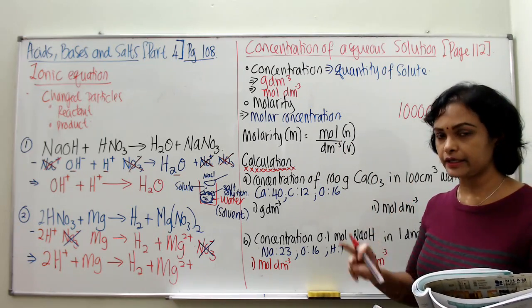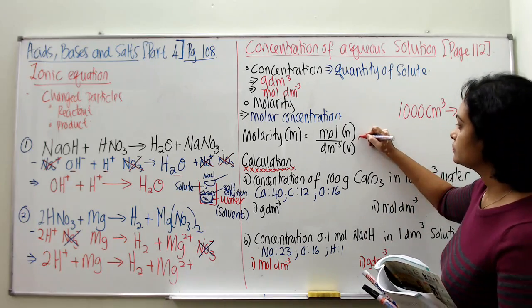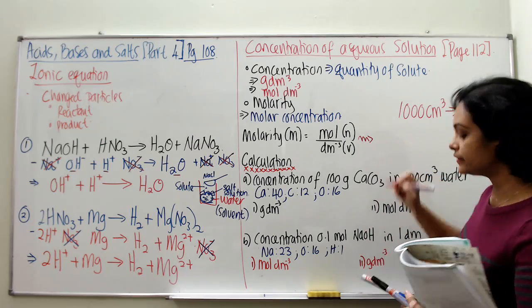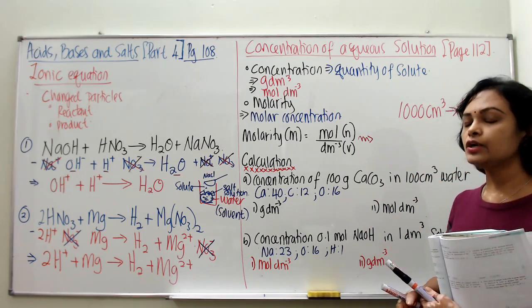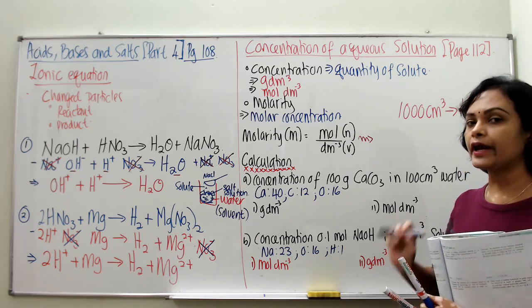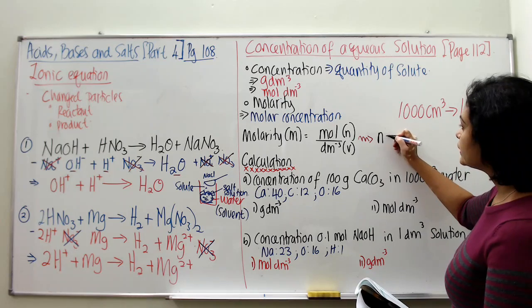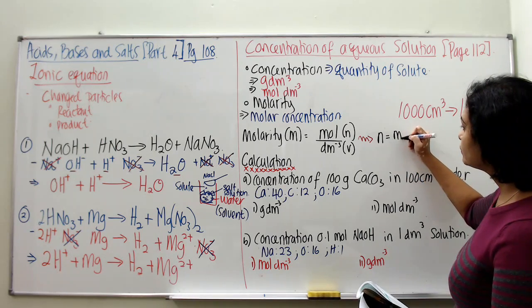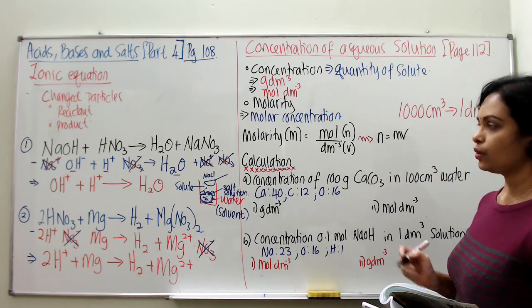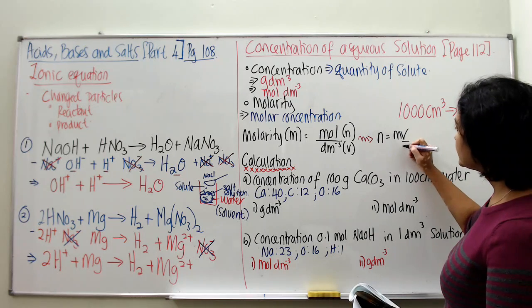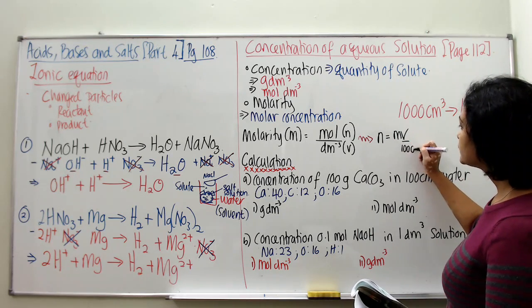In fact, this formula we can rearrange to find mole. For instance, mole is equal to MV, but we divide the volume by 1000. Why?